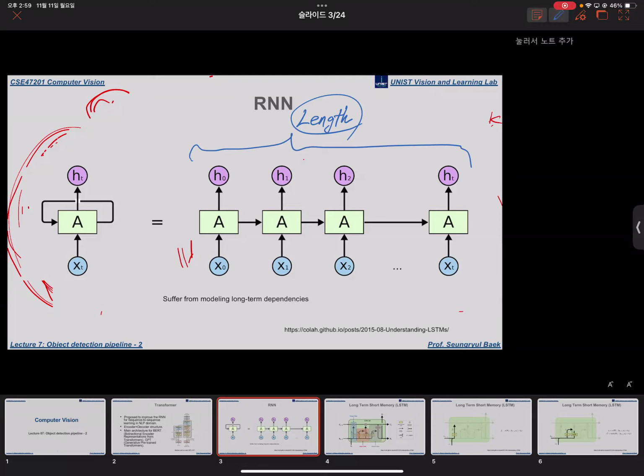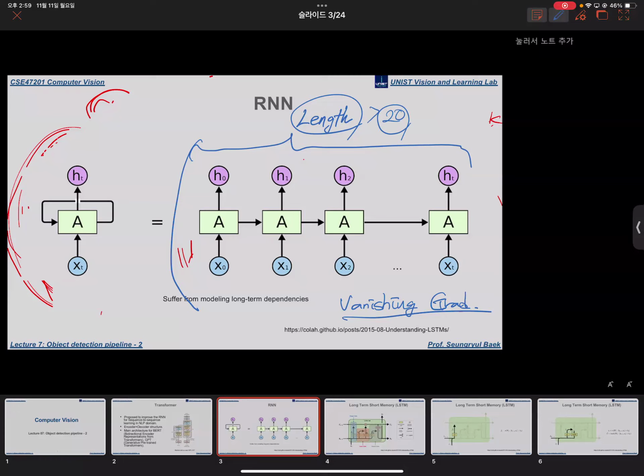Some sentences are composed of just 4 words, and some could have 10 words, right? So the length is variable. But if the length is more than maybe 20, what happens is the vanishing gradient effect. So do you remember this vanishing gradient?